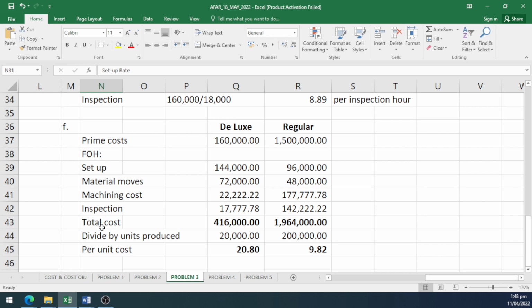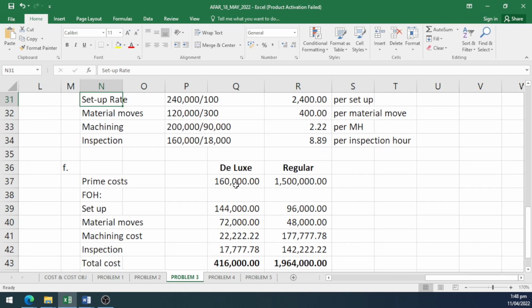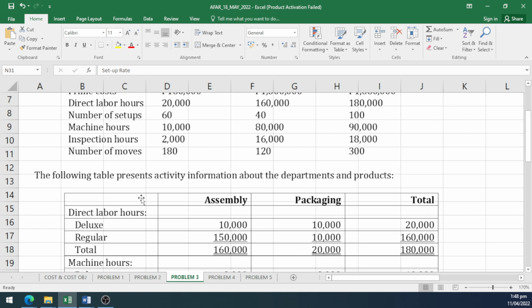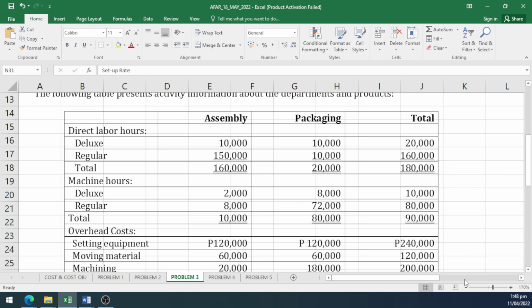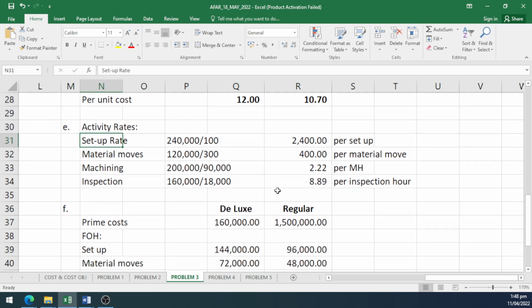Then allocated factory overhead based dun sa activity rate na kinompute natin kanina. Ito pong setup cost. Ang total setup cost actually 240,000, ano? And the rate is 2,400 per setup. Refer to the activity ng setup, 60 and then 40. So 60 times 2,400 and 40 times 2,400.